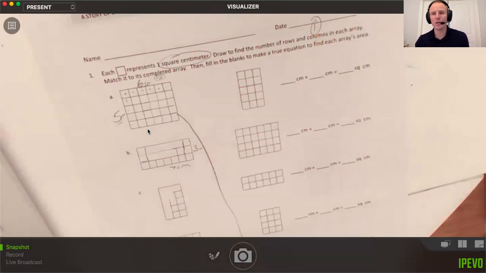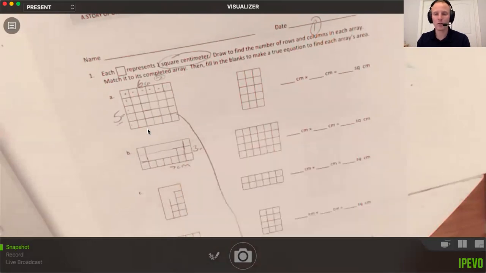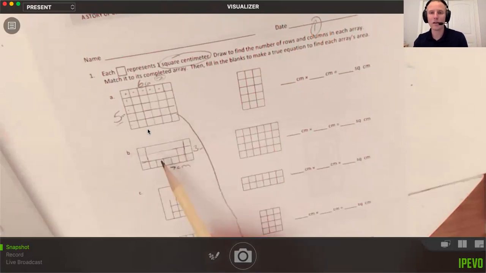So, I'm not going to be too tough on you in class in terms of filling out the rest of this. If you can identify this row and that row, or those side lengths, and then do the multiplication, I'm not really concerned if you spend time filling in the rest of these squares if you're at a level of understanding where you can do that and know what the area is going to be.